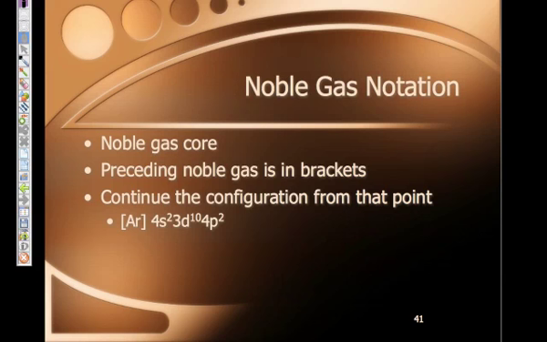Now really, when you're looking at what element this is, since these are all full, if we just focus on this 4p2 and we go up to the periodic table, find 4p and count 2, 1, 2, it'd be germanium. So you really don't have to go through the whole configuration. Everything should be full up until the last orbital, and then just check that one.